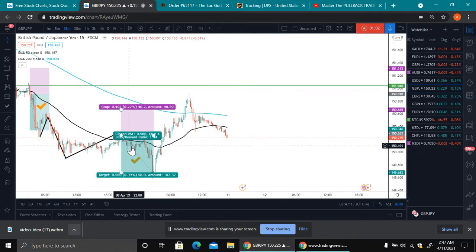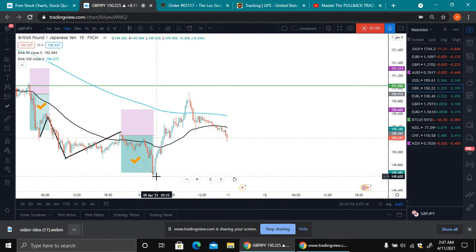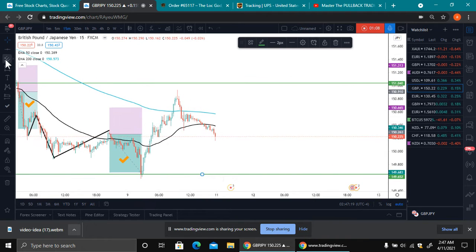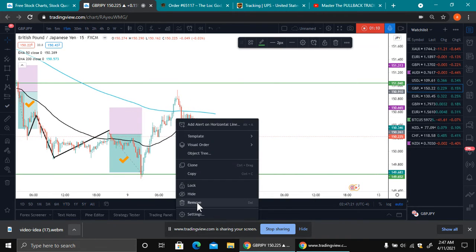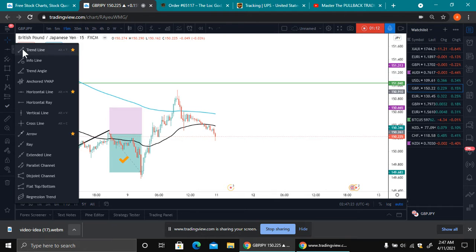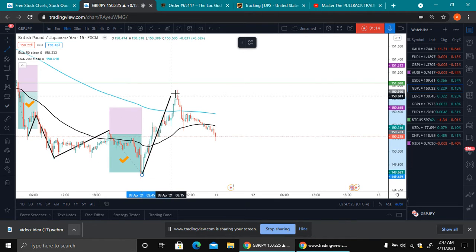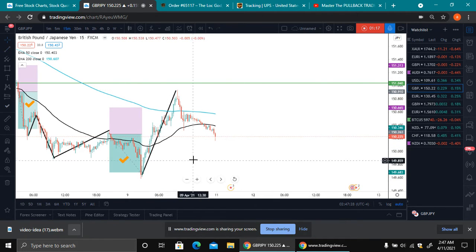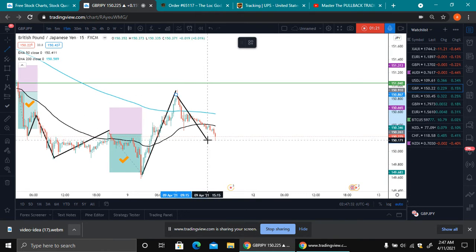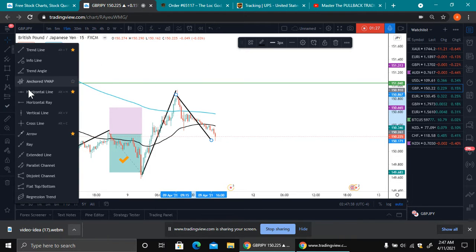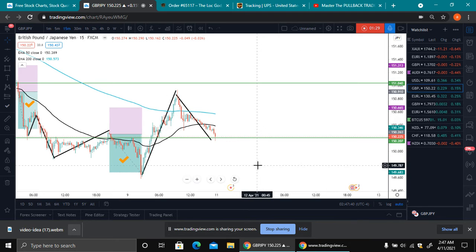So I get this big push down, and then I immediately get this big move up. Alright, so I see that. I know I'm about to get some pullback to test this area of support, which is right here.